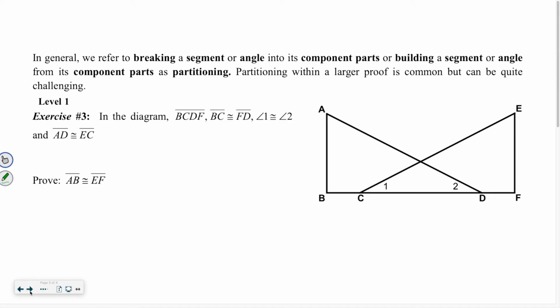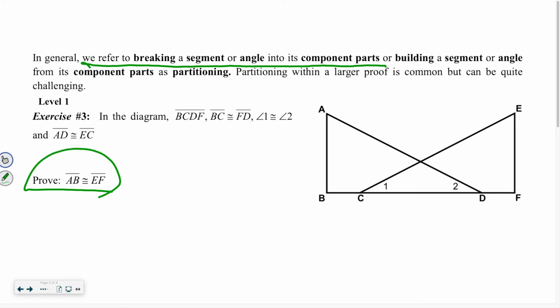So in this question, I'm only going to set it up for you, right? We're back to proving our triangles. You have to think about everything we've used, right? So in general, we refer to breaking a segment or an angle into its component parts, okay? So in this case, I need to show that this is true.